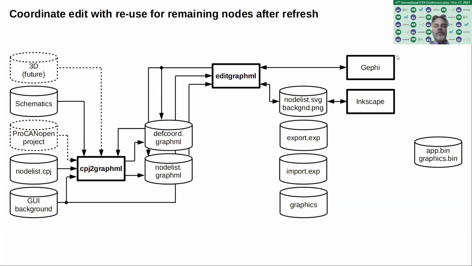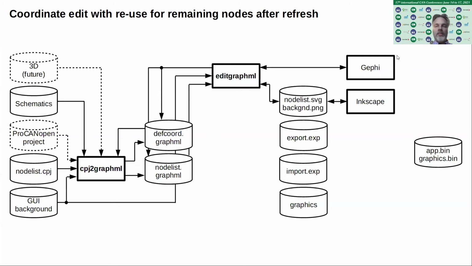And of course, when we were investigating that, Gephi is the de facto editor for graphs, but it has some missing things. And Inkscape is a quite heavyweight open source freeware editing tool not supporting GraphML.